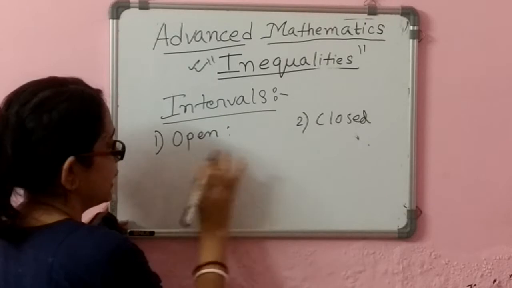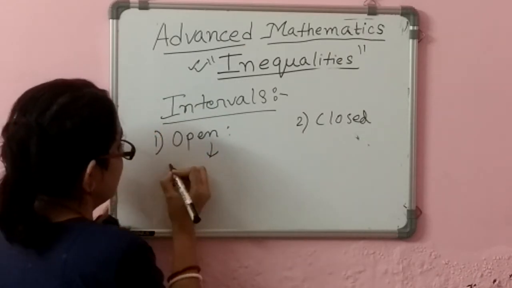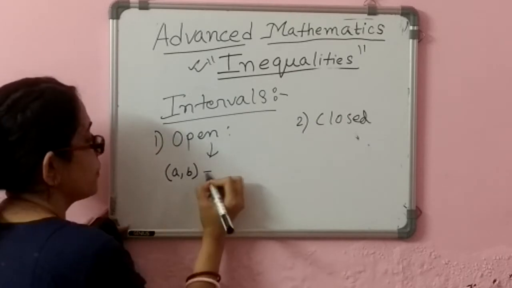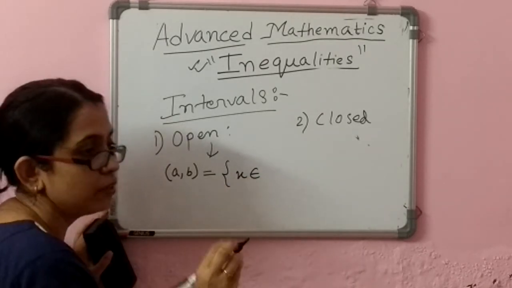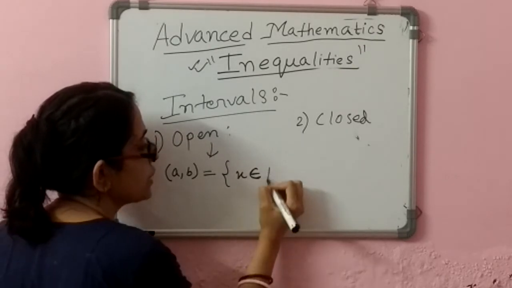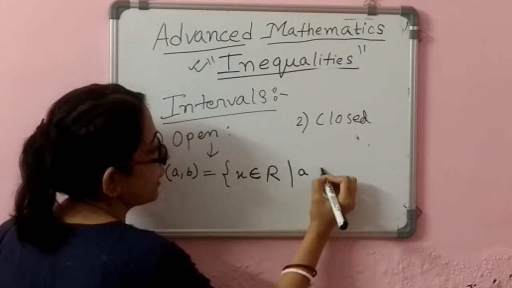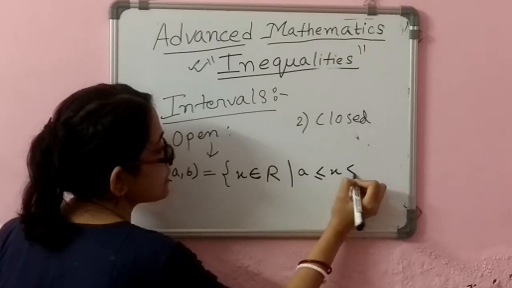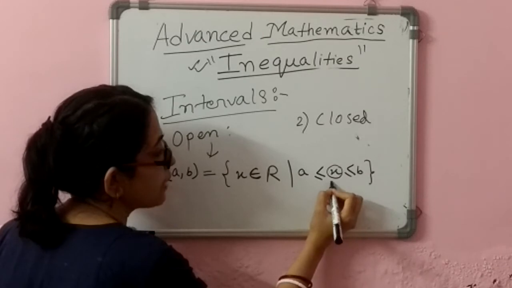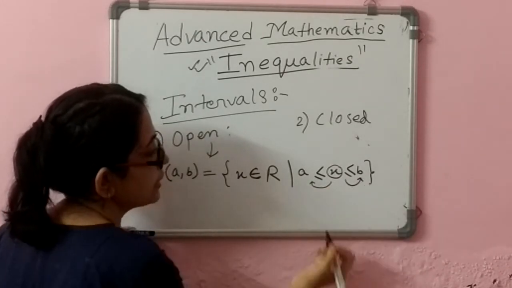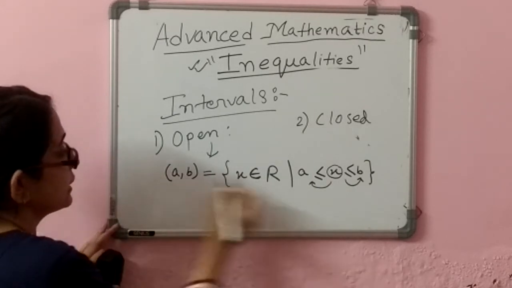So let me define it first. Open interval is represented by (A, B) equal to x, where x is any number which will lie on the real number line, A less than or equal to x less than or equal to B, which means that the value of x will lie between A and B, or it can be equal to A and equal to B. This is the boundary.